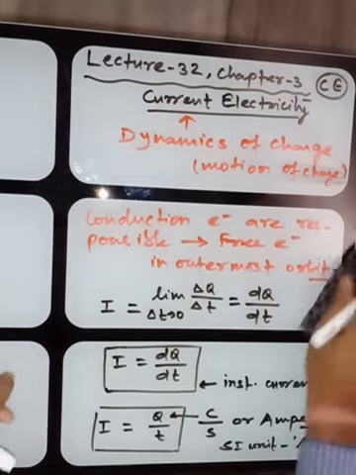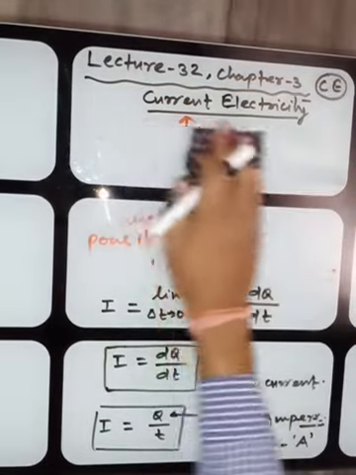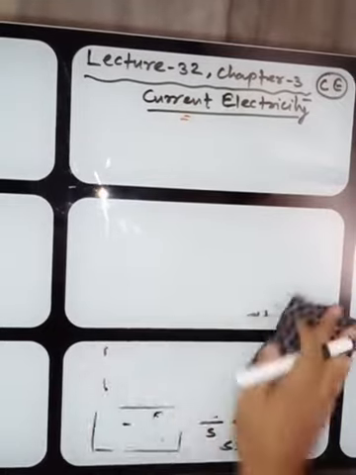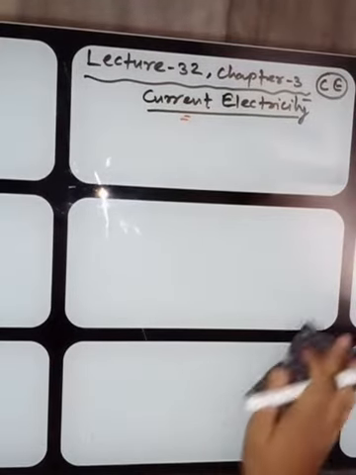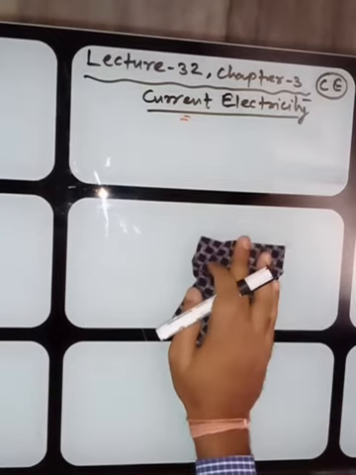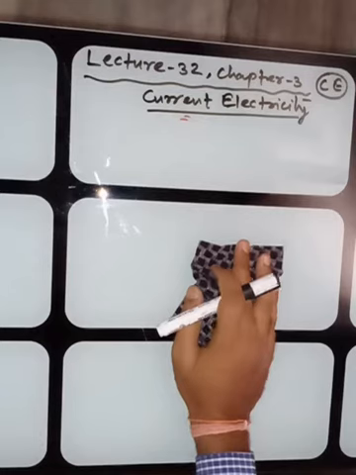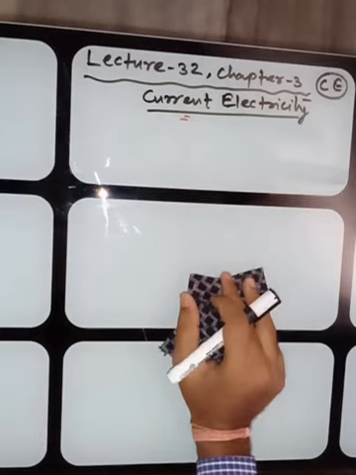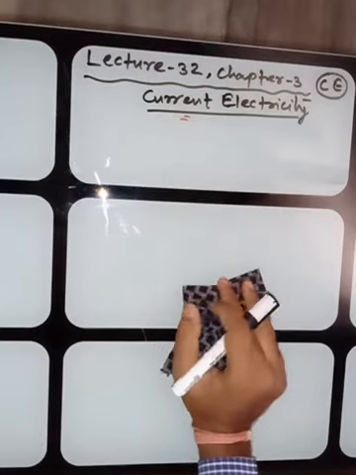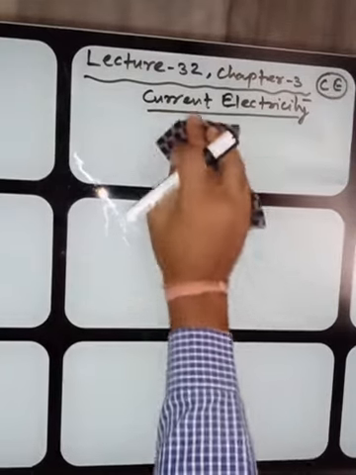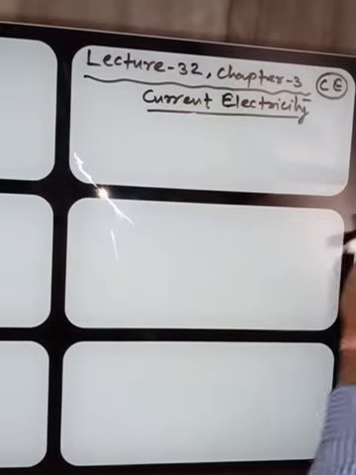Write down the question: how many electrons pass through a wire in 1 minute if the current passing through the wire is 20 milliampere? This is your question. Try to solve it by yourself, my dear students.